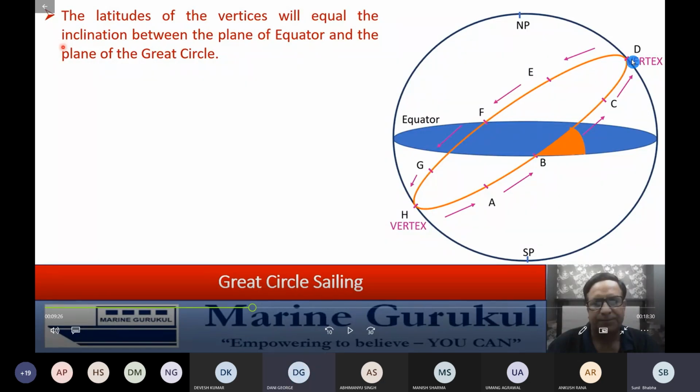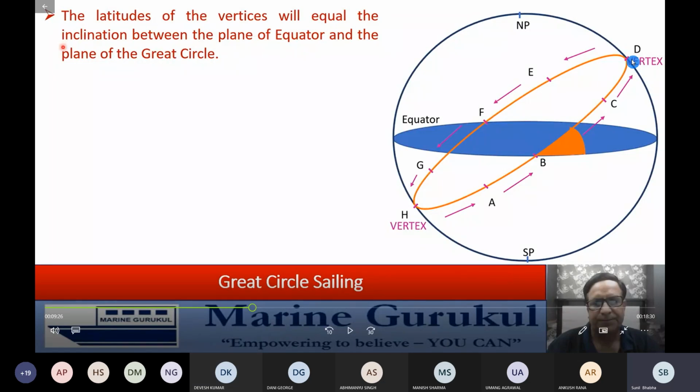050. Everybody agrees? 050, beta? Any other answer? Okay, good. Still, how much latitude did you say, sir? 040. 40 degrees, beta, latitude.